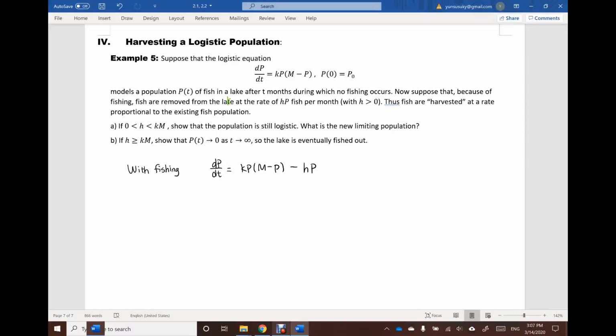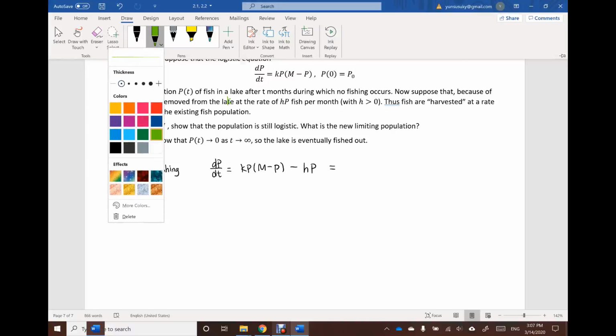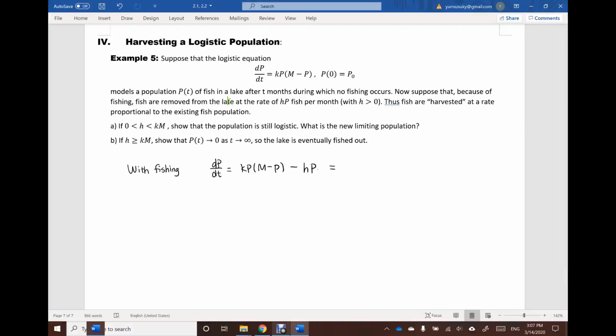Okay, let me play with the numbers a little bit. Let me use a different color so you can see what I'm doing. Here I multiply by k and divide by k. Can you see now I can factor out the kP? Let's factor out the kP. What's left?